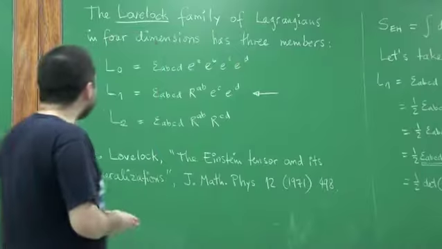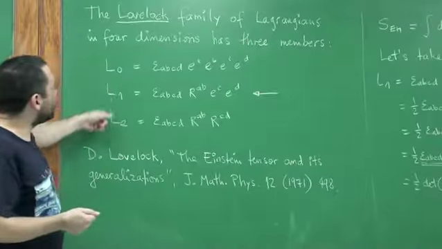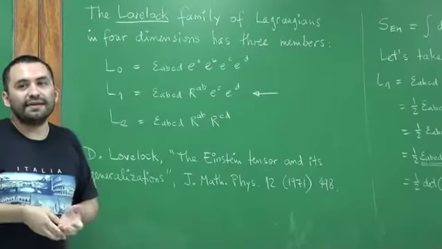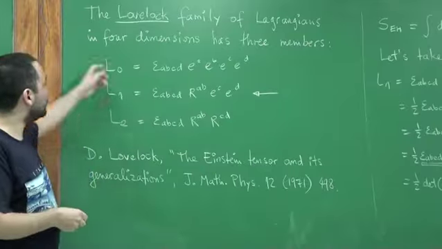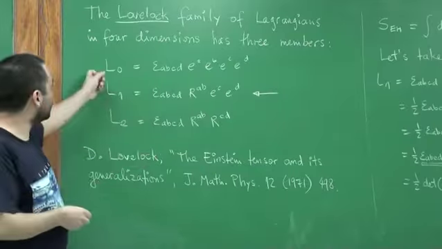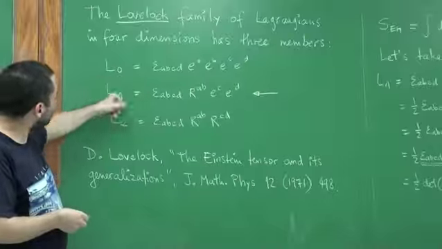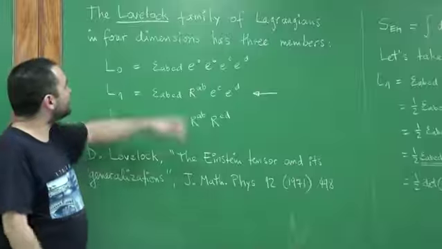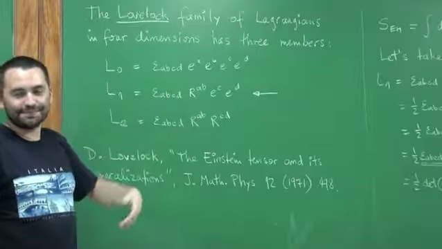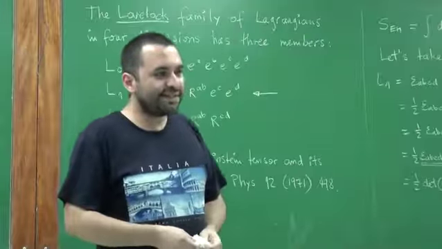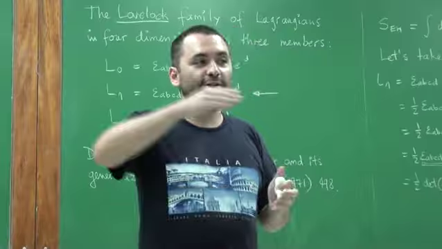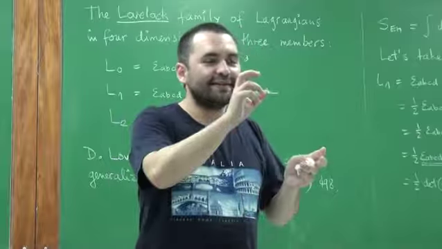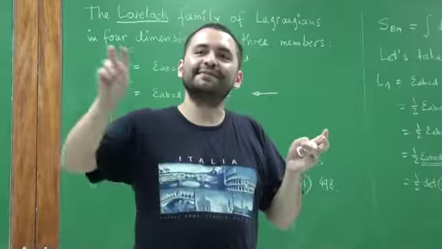Because if you see, here you have three Lagrangians, and the easiest thing you can do is build a linear combination of that. So a constant times L0 plus a constant times L1. So it's like a polynomial. This is order 0, order 1, order 2. And so the general Lovelock Lagrangian is a polynomial with several terms. But there are constants in between.